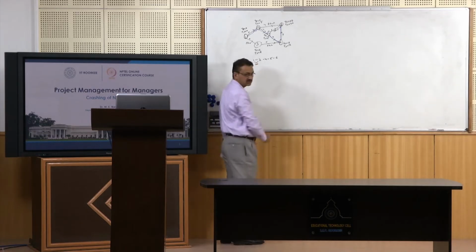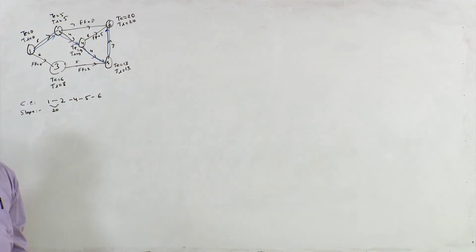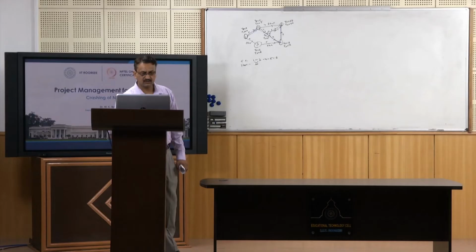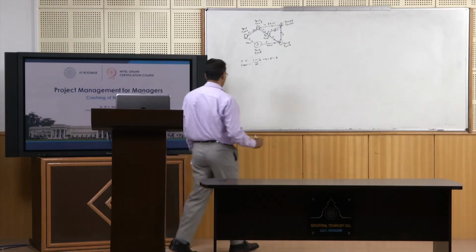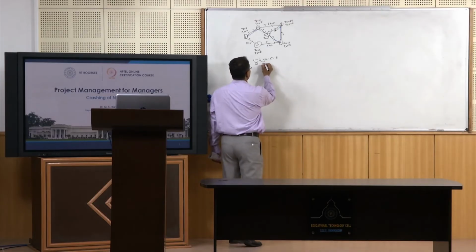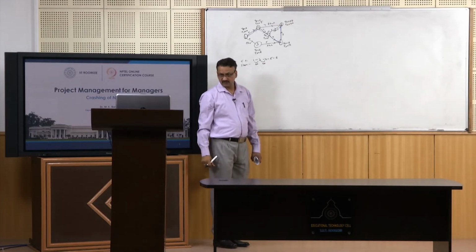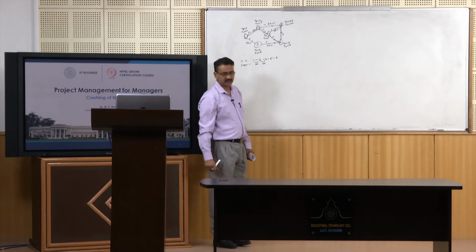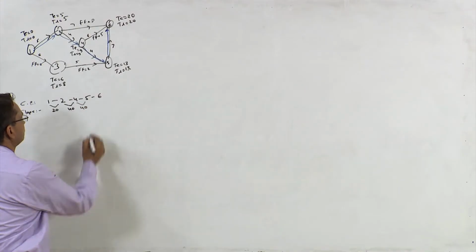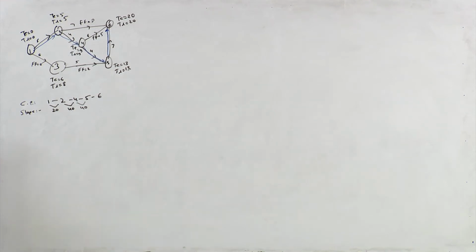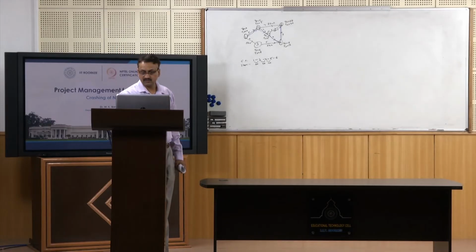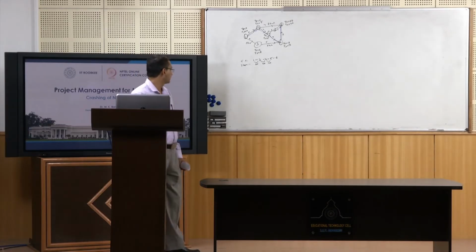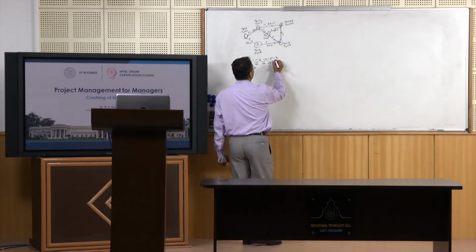For 2, 4 the slope is 40, right? For 4, 5 it is 40. So 2, 4 is 40 and 4, 5 is 40. Then we have 5, 6, which is 30.